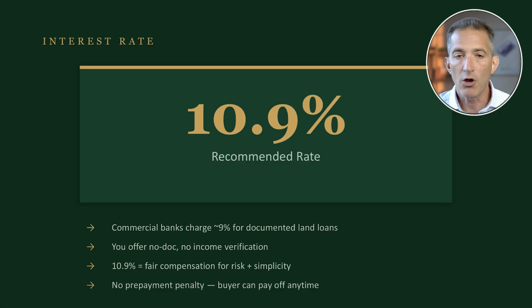They can pay off the loan at any time to avoid paying interest. If they get a bank loan or save up money, they can refinance or pay it off without any penalty. This usually addresses their concern because they realize they have flexibility and aren't locked into paying 10.9% for the entire term if their situation improves.